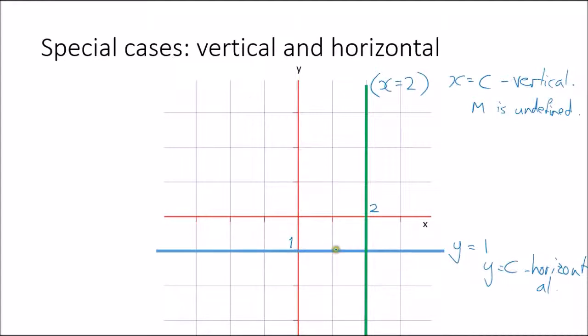It doesn't matter how far you go across or what your run is, the gradient is 0, so you're not going up or down by any amount. And 0 multiplied or divided by anything is still 0, so the gradient for horizontal lines does have a value, and it is 0. Okay, that should be sufficient for you to go on with the next set of exercises.